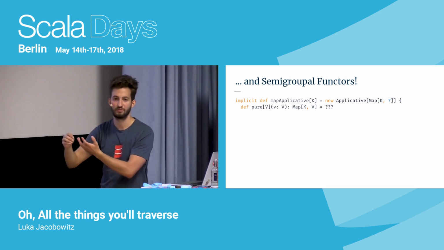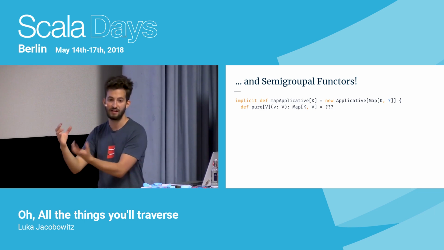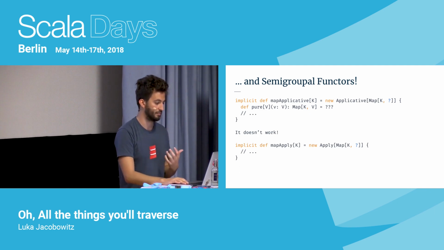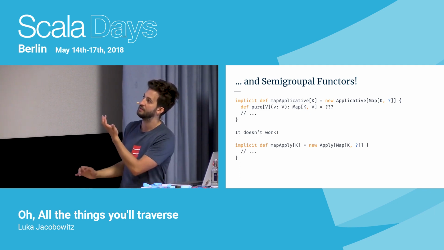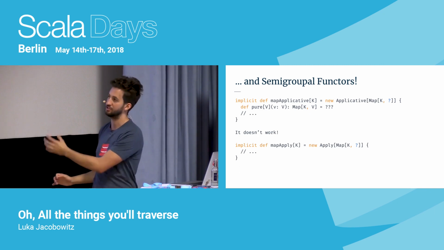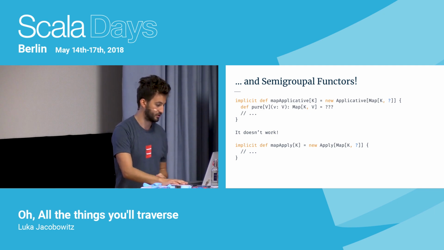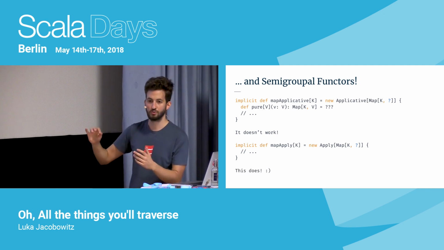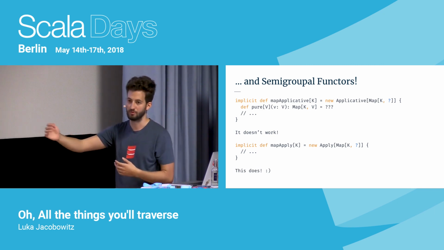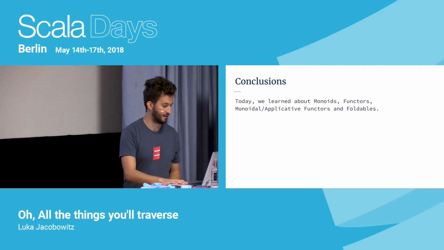If you want to insert something into a map, you need to give it both a key and a value. You can't just give it a value. So this is basically unimplementable, and that's why map can't have an applicative instance, but what it can have is an apply method. And this works, and we can use a non-empty list to traverse over instances that use apply instead of applicative. So that's it for me.